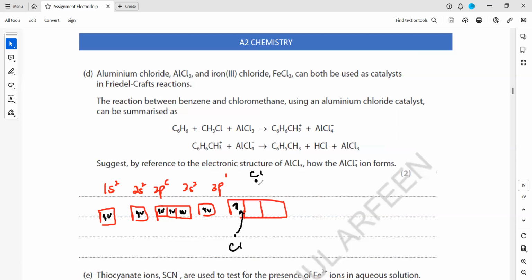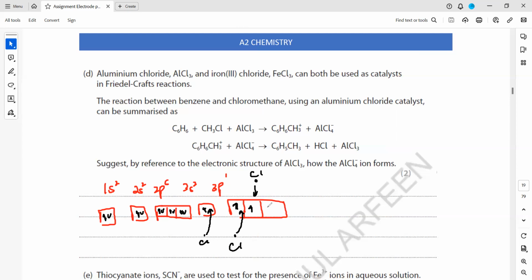Another chlorine, and to make it more stable, because it is forming three covalent bonds, this electron jumps here. So one chlorine will form a bond here. One chlorine will share an electron here, another chlorine shares an electron here.